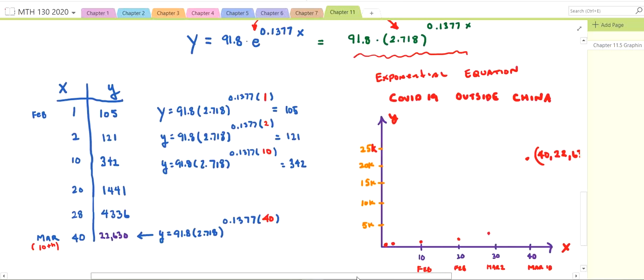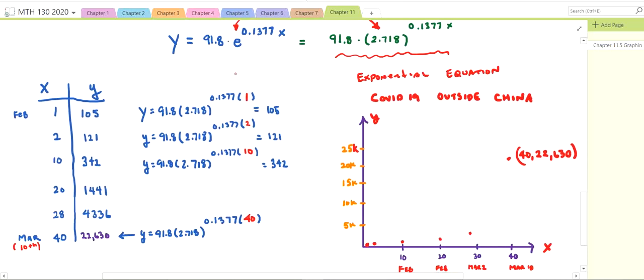Okay, so with exponential growth, you get a curve that starts out shallow and then it grows really fast, like this. So this is a plot that sort of models the number of cases outside China over the month of February and the beginning of March.